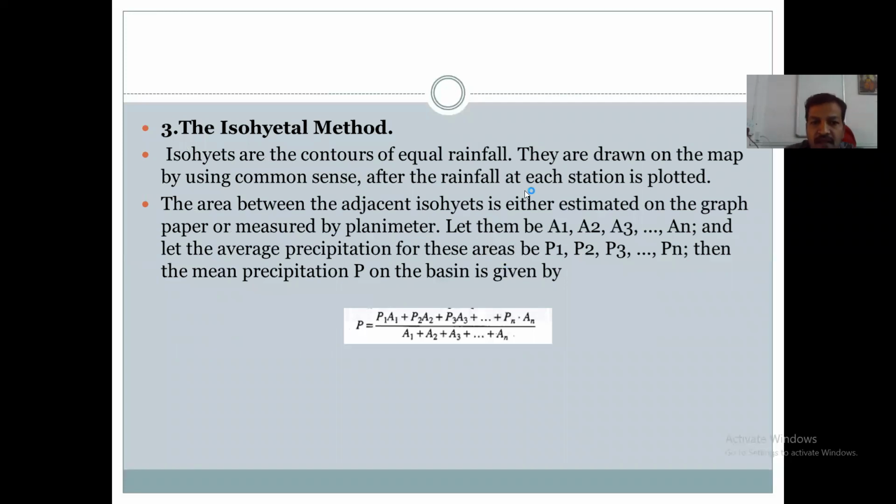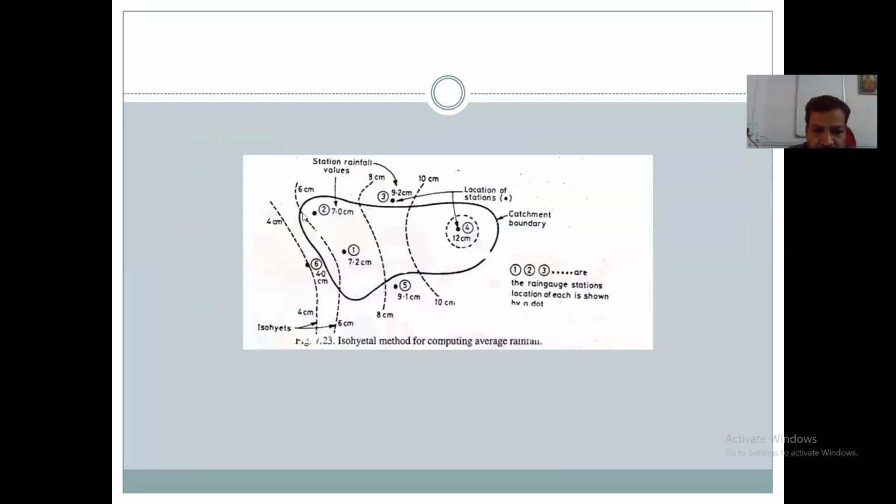So isohyets are the contours of equal rainfall. The area between adjacent isohyets is either estimated on graph paper or measured using a planimeter. The area between these two isohyets, 4 centimeter and 6 centimeter, is measured with the help of a planimeter or by using graph paper.